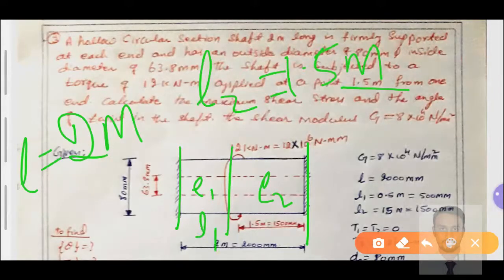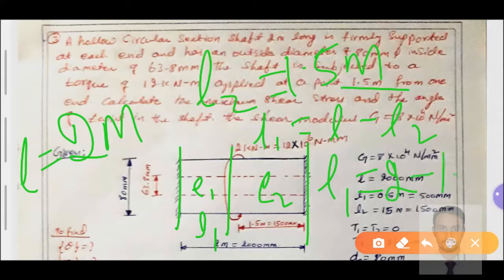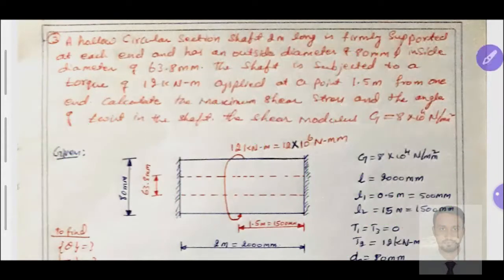This one is L1. L1 is equal to L minus L2, which is 2 meters minus 1.5, so L1 is equal to 0.5 meters. Element 1 has a length of 0.5 and element 2 has 1.5 meter.